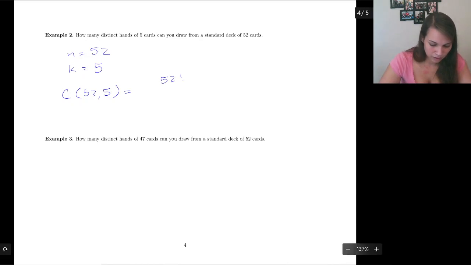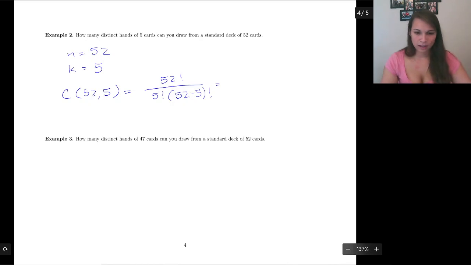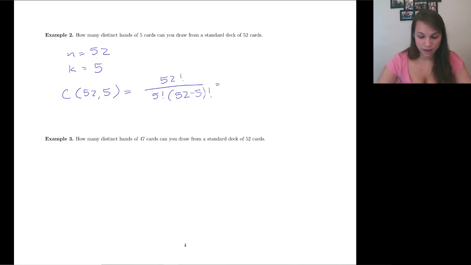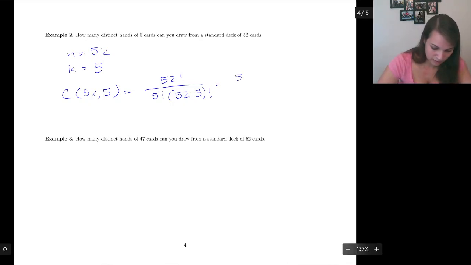That's 52 factorial over 5 factorial times (52 minus 5) factorial, which, if you simplify, is going to be 5 factorial times 47 factorial.